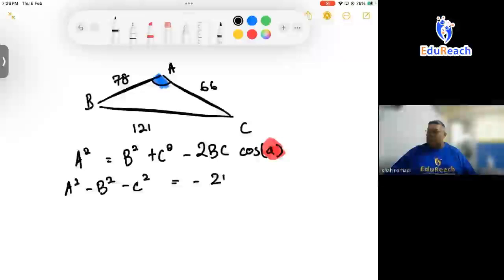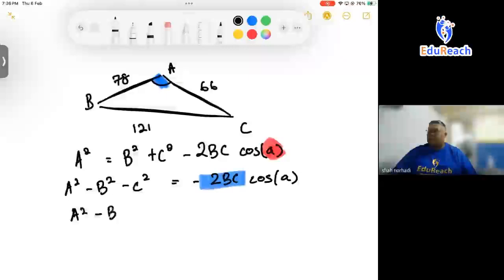Then I'm left with 2BC cosine A. The next thing I want to shift is this. It becomes divide, because it's 2BC times cosine A, right? So A square minus B square minus C square, divide by negative 2BC. Now I have cosine A.